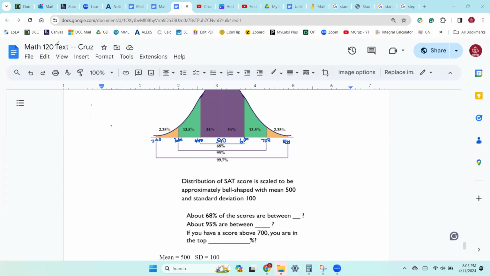Now we should be able to answer this question here. The 68% of scores are between, and here's the 68%, here and here. Because there's a 68%, and we wrote it in, the answer is 400 and 600.